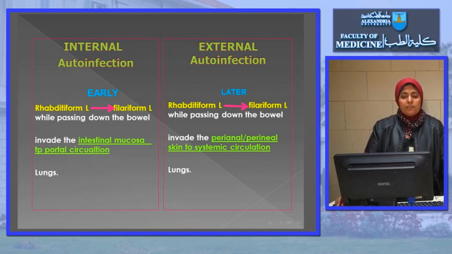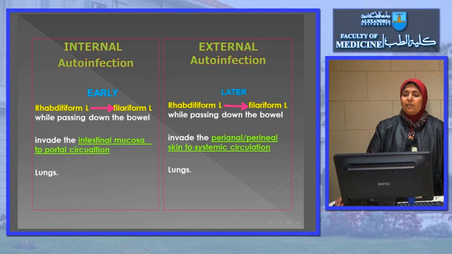The only difference is whether it changes to filariform larvae at a higher level. If this happens, it will invade the mucosa and pass through the portal circulation, then go to the systemic. But in the case of the external autoinfection, this transformation from one larva to the other, to the infective larvae, happens at a lower stage, just near the perineal or the perianal skin.